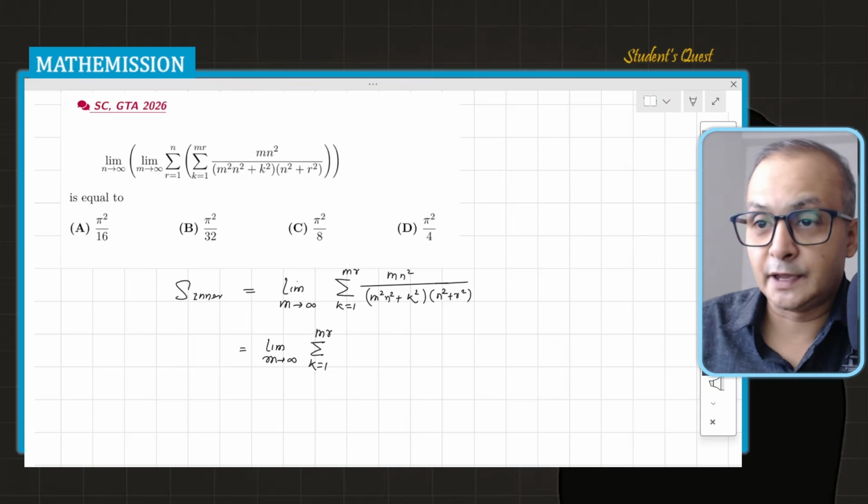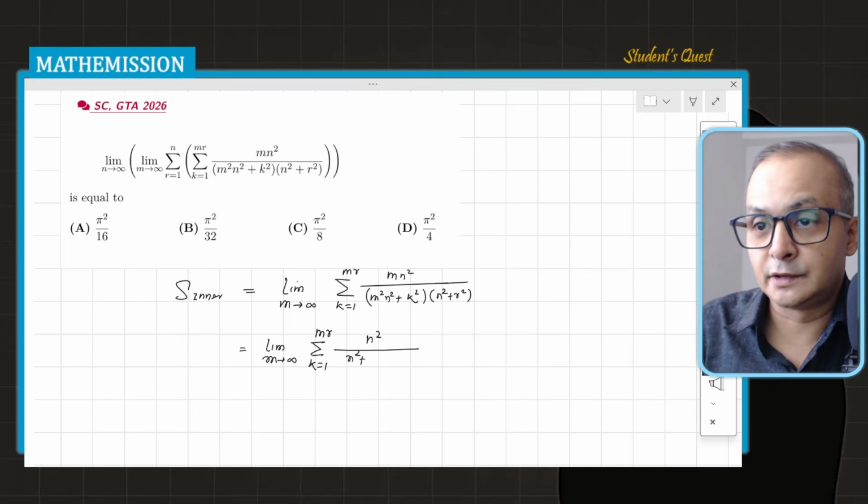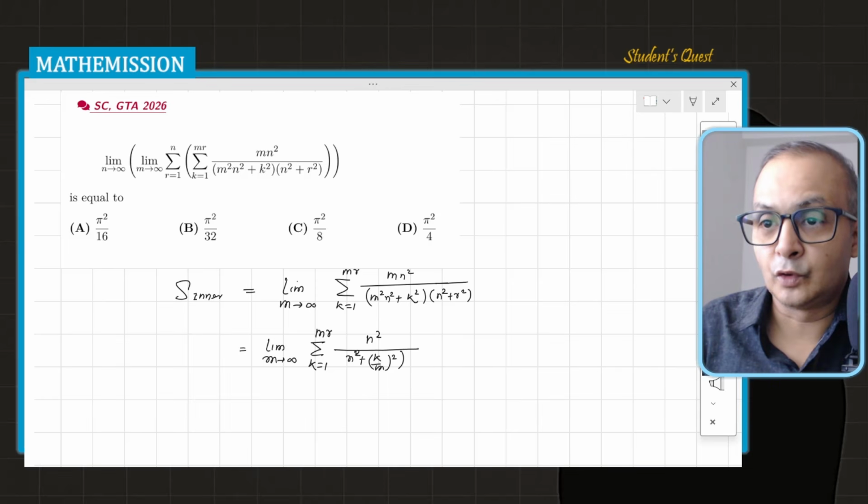This is, I'm dividing with m squared. So if I divide by m square, I can write it in this way: n squared, and this will turn into n squared plus k by m the whole square, and into 1 by m.